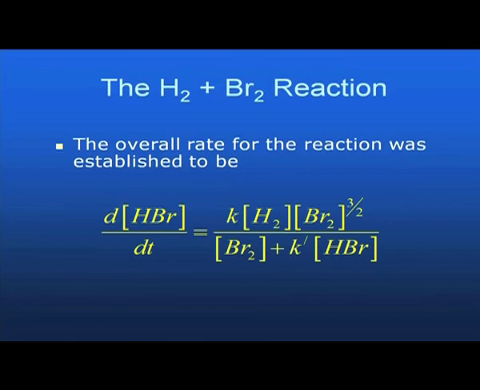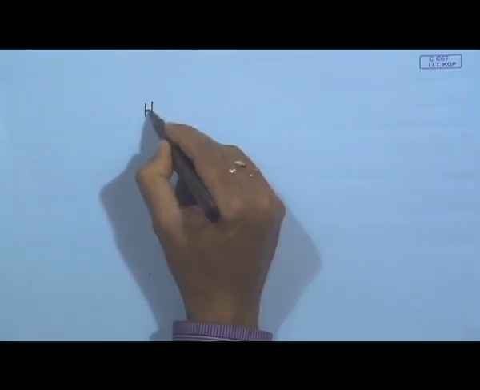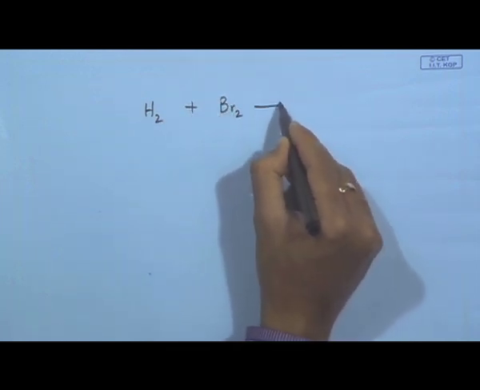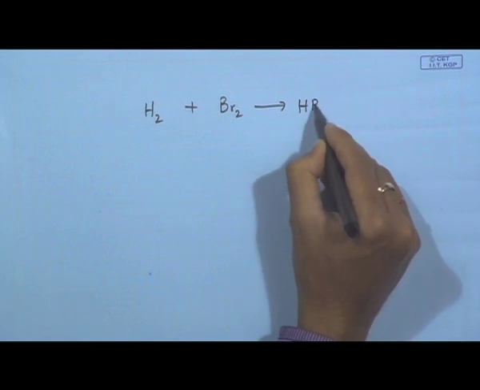Now, let us take one example of this hydrogen plus bromine reaction, H2 plus Br2 giving rise to HBr.